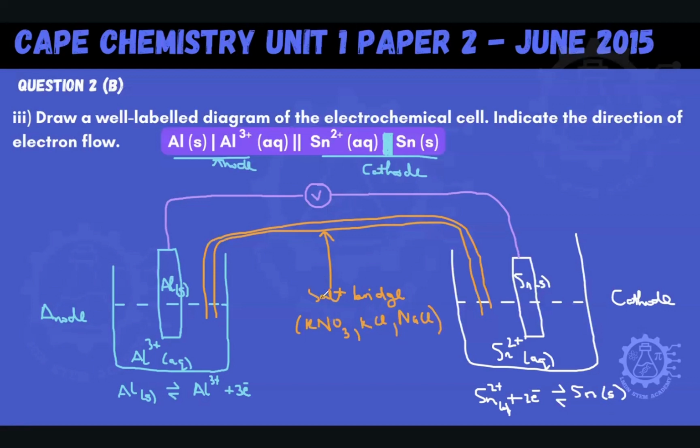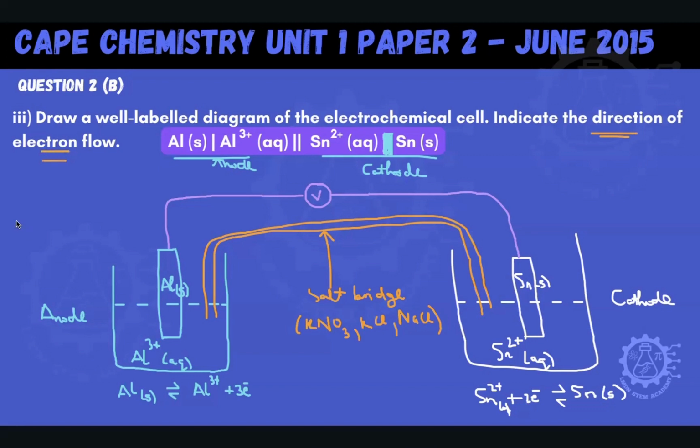Can be used to make the salt bridge, and it will just send ions to the respective cells as needed to maintain a charge balance, okay? All right, so we have our salt bridge, we have our wire through which the electrons are gonna flow, we have our voltmeter, from which we'll be able to get our standard cell potential reading, okay? So here we are now. We're asked to indicate the direction of electron flow.